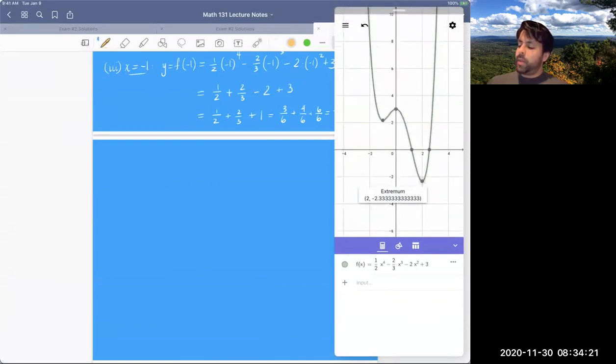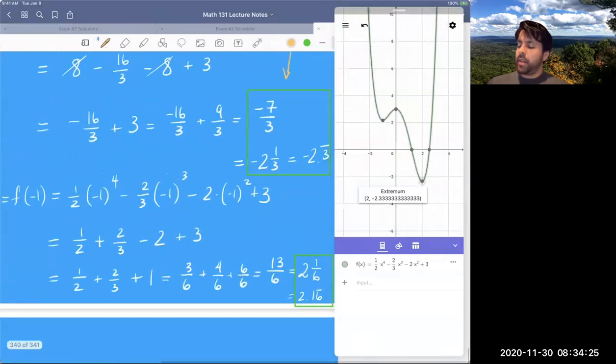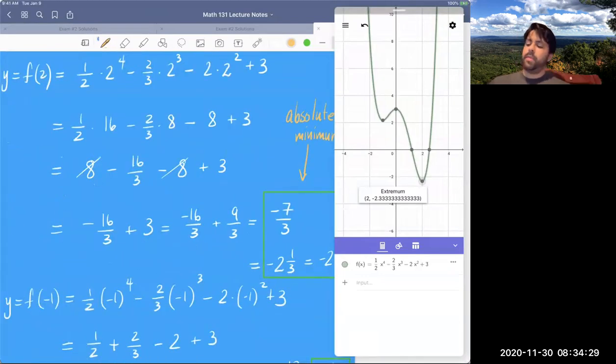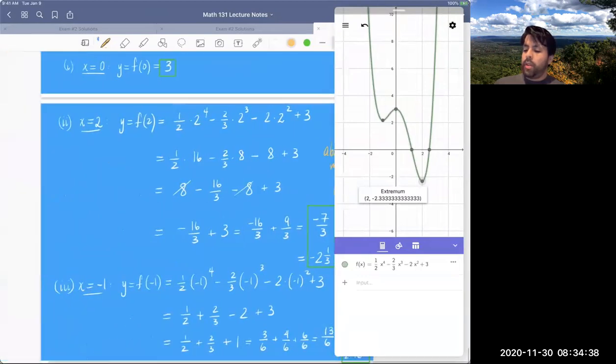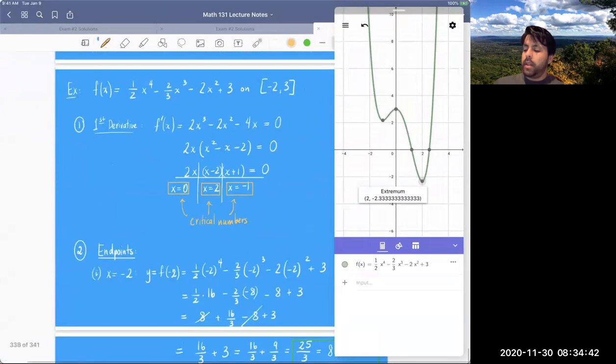The minimum, as we said, was negative 2.3, which is exactly what we said. That's my absolute minimum. As you can tell, it's the absolute minimum because it's the lowest part of my function. And I'm only looking at the interval negative 2 to 3.